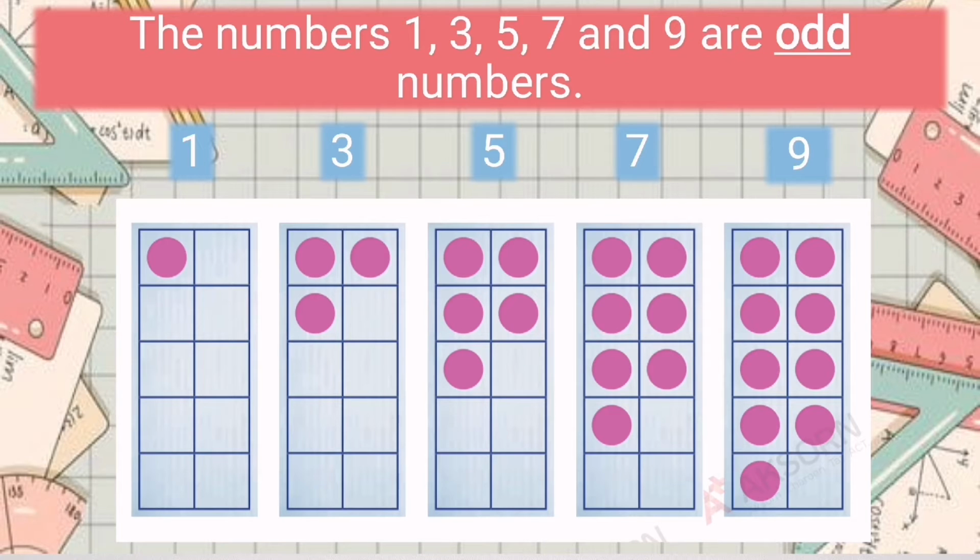Remember, 1, 3, 5, 7, and 9 are odd numbers. There is one that is not paired. Take a look at it. This one, number 1, is not paired. And then for the 3, 1 dot is not paired. And then for 5, 2, 4, and then 5, the one that is not paired.